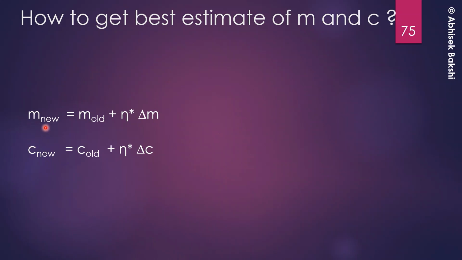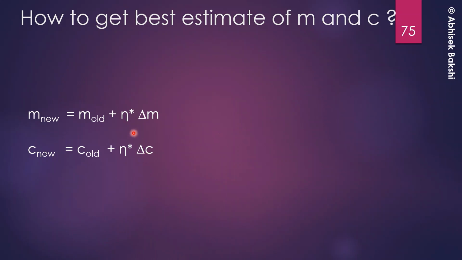M new and m old just represent two values of m at different timestamps. Initially, there was some value of m. The next time, the value of m will be updated, so naturally that is represented by m new. Now you see what is written here: m new equals m old plus eta into delta m. Similarly, the same thing for c.